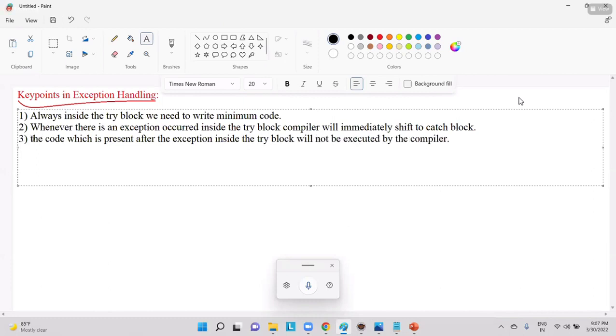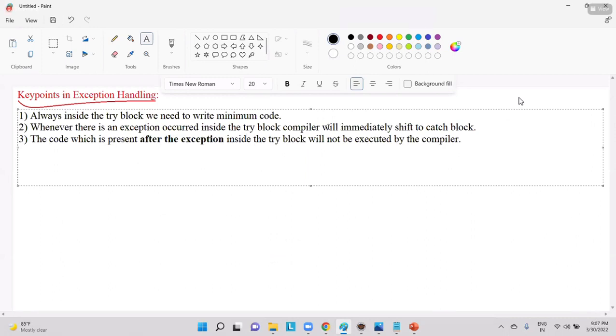The code which is present after the exception inside the try block will not be executed by the compiler. Why will it not be executed?